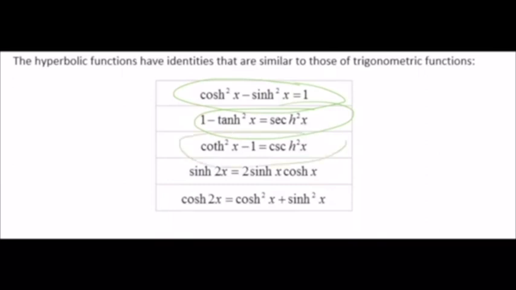The third identity is derived by dividing the first identity by hyperbolic sine squared x.